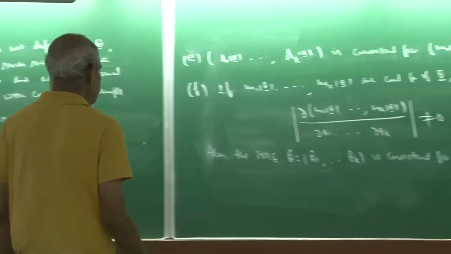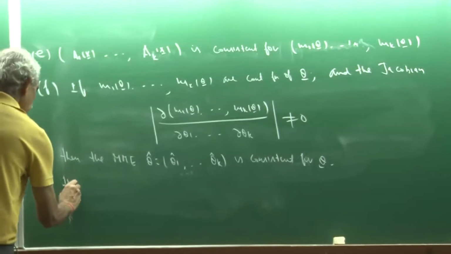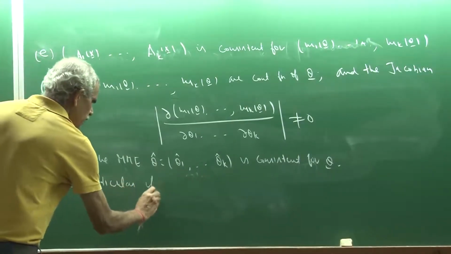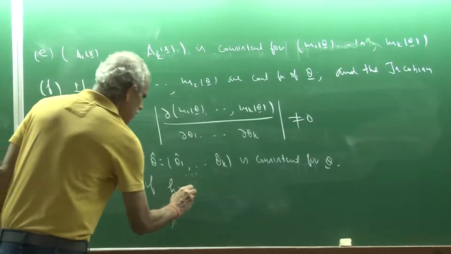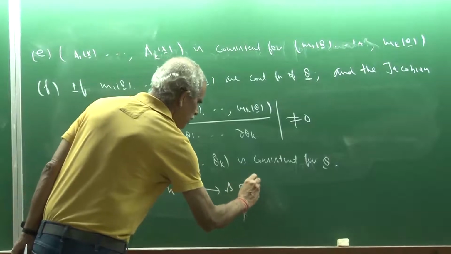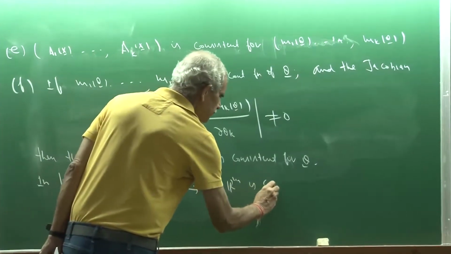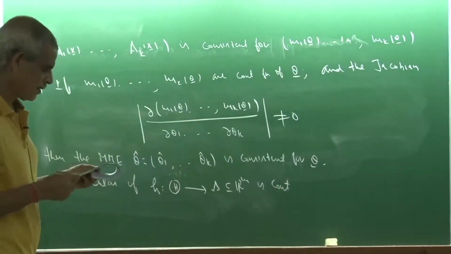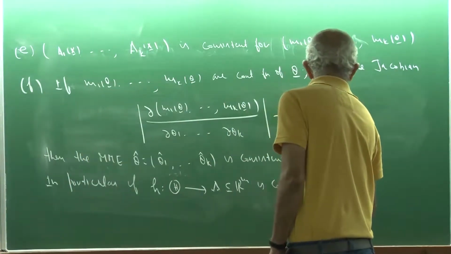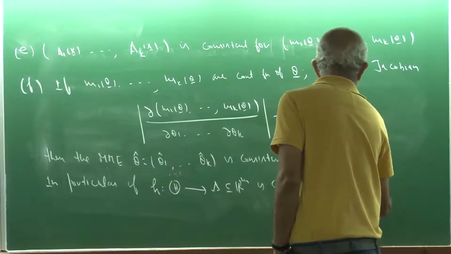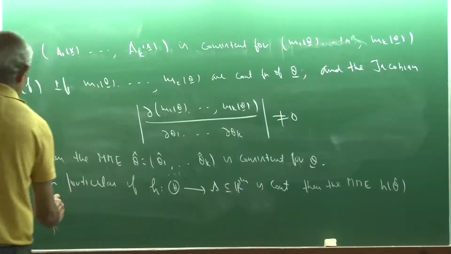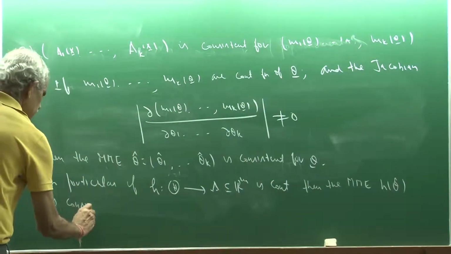So in particular, if your function h from theta to lambda, which is a subset of R^m, is continuous, then the MME h(theta hat) is consistent for h(theta).